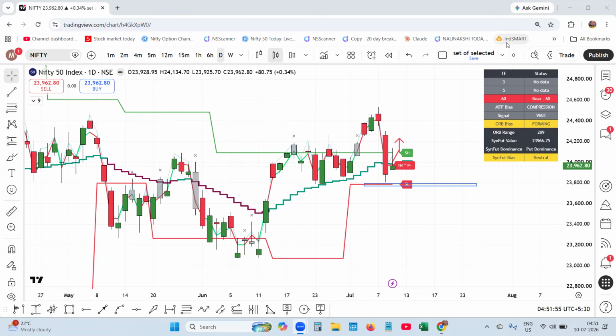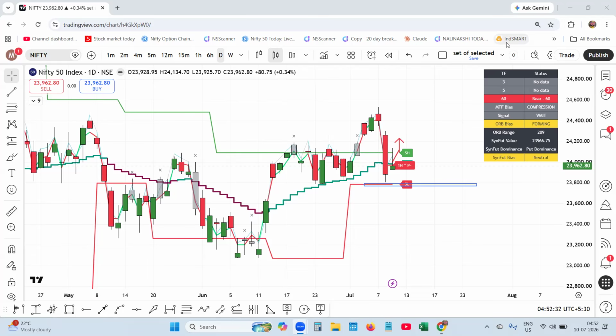What is synthetic future? A synthetic future is a future position created using options. The formula is very simple. Synthetic future is equal to ATM call premium, at the money call premium, minus at the money put premium, and whatever amount you get will be added to the strike price.